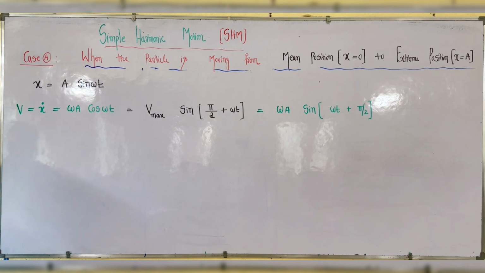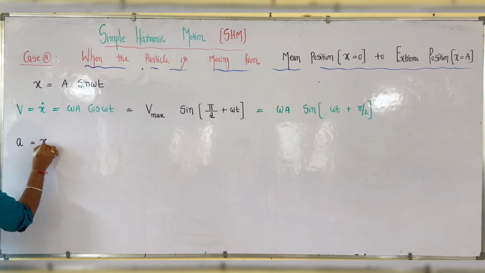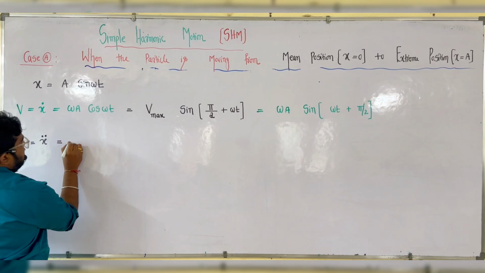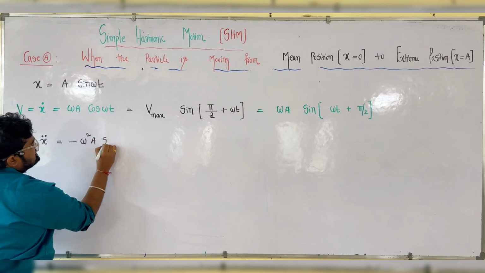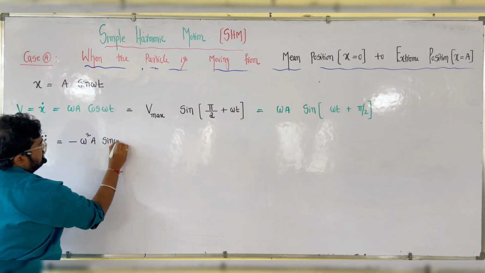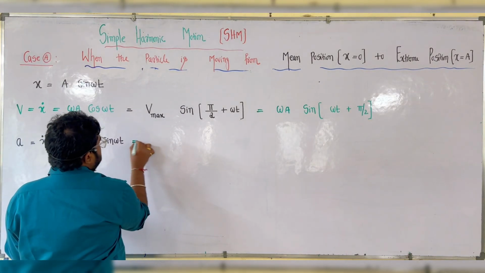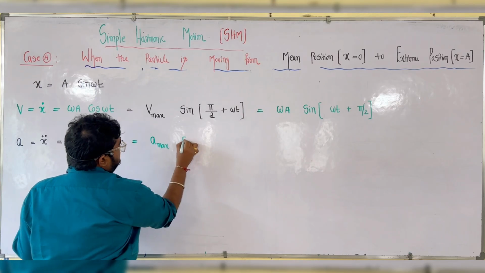అర్థమవుతుందా? So now tell me what is the acceleration of the particle? X double dot equals to minus omega square a into sin omega t. That equals to a maximum into minus sin.